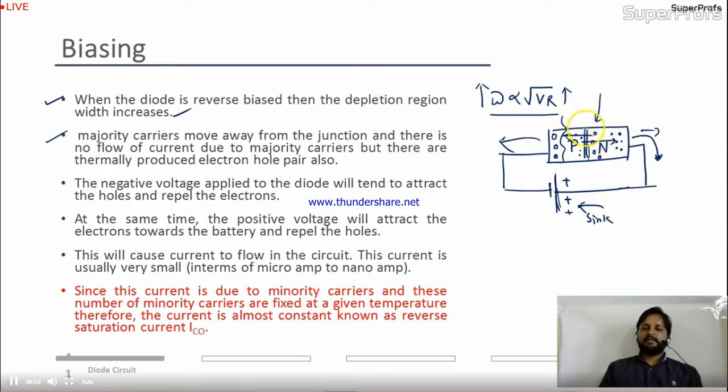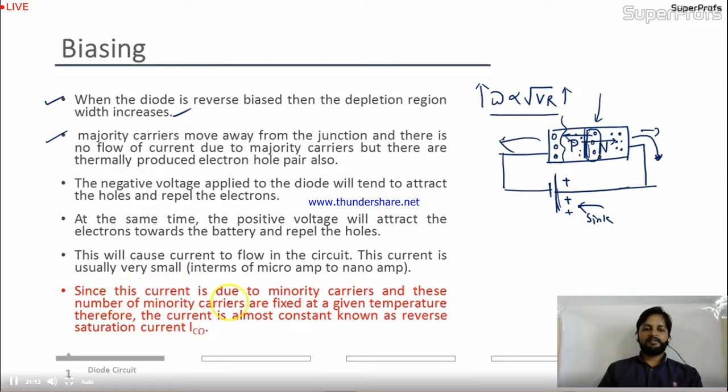And this current is very small, right? This is the leakage current, and these minority hole and electron pairs are generated due to temperature. Is it okay to you people? So because of the temperature effect, we mainly get leakage current.